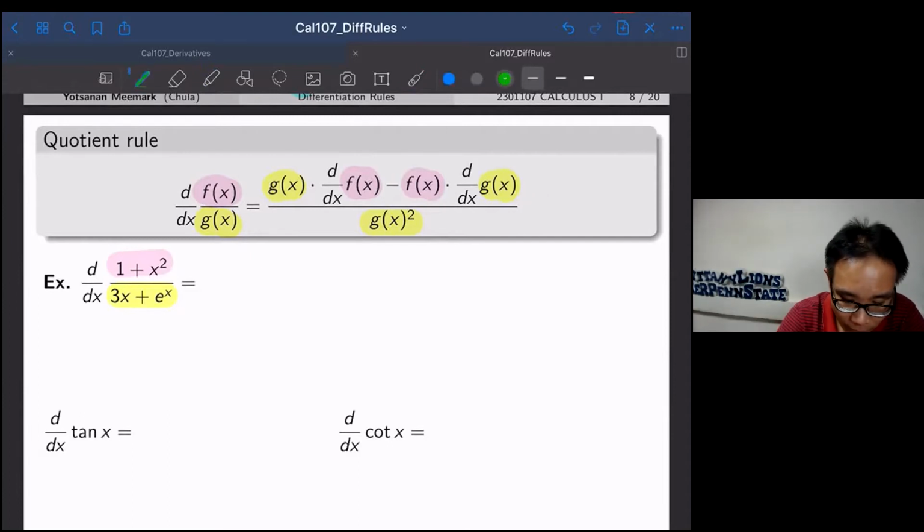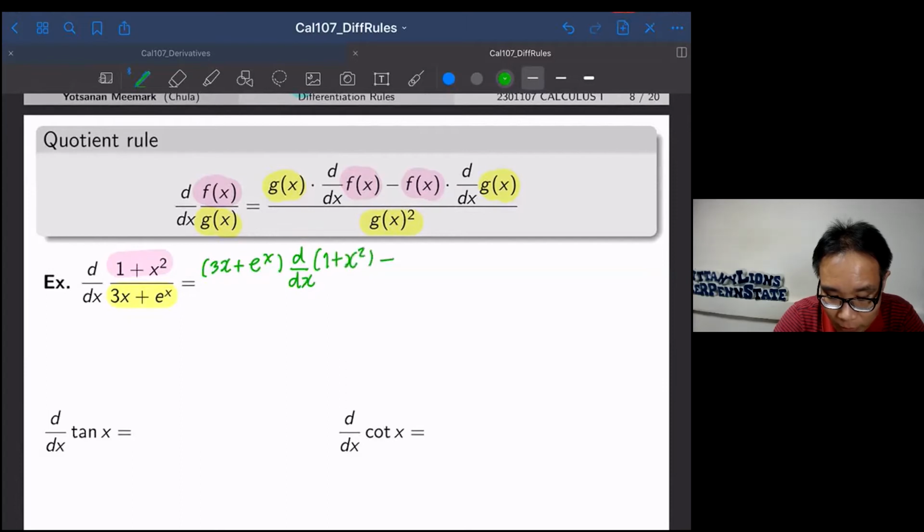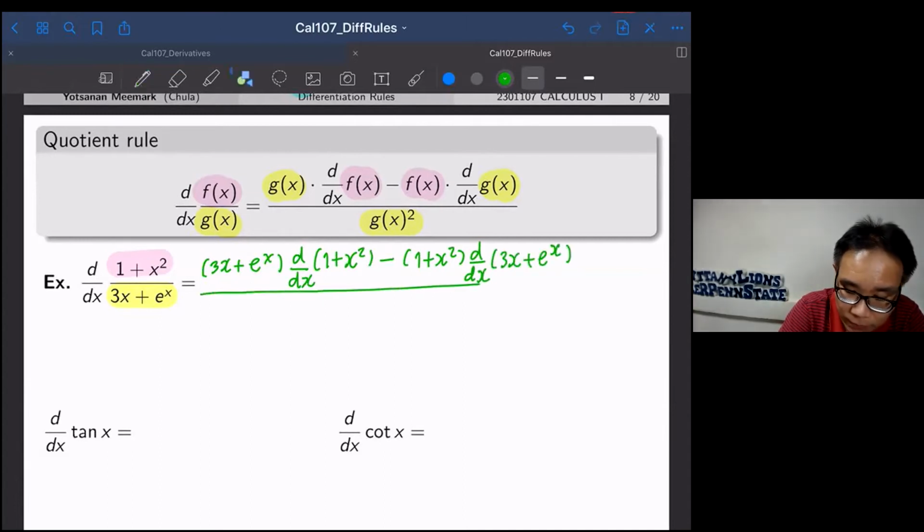Okay, so in this one, you're going to write down first, put into the quotient rule. So it's going to be the bottom, derivative of the top, minus the top, derivative of the bottom, over the bottom square.